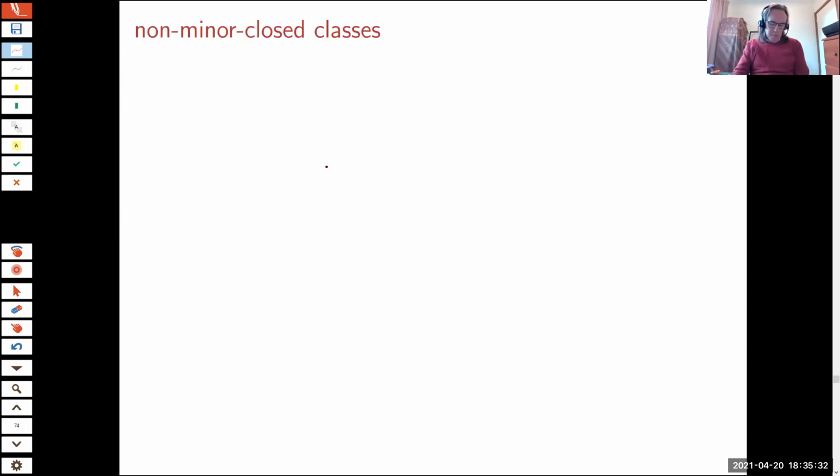Okay, just to wrap up, I'd like to talk about the most recent direction, which is on non-minor closed classes. We have a generic way to extend these product structure theorems into non-minor closed classes. Let me start with an example.